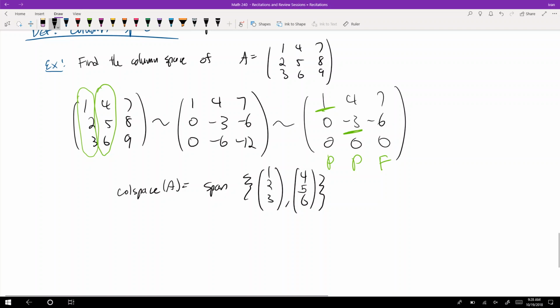So just as a quick refresher, what does it mean for a column space to be the span of these two vectors? Yeah, so it's all linear combinations of these two vectors.